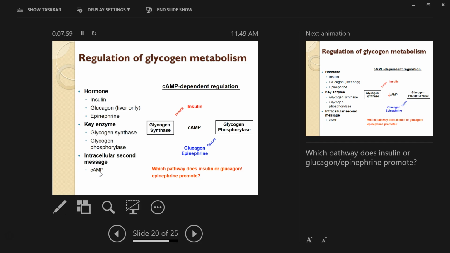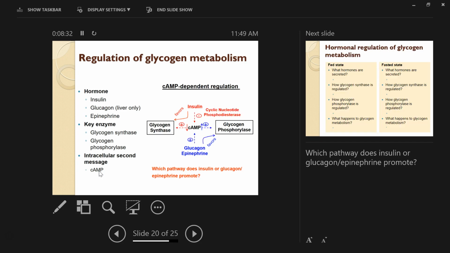Cyclic AMP increase inhibits glycogen synthesis, but promotes glycogen breakdown, right? So just try to connect cyclic AMP to the fasting condition and to the epinephrine level. And insulin basically reduces the cyclic AMP level, right? So we can reduce the glycogen breakdown pathway and stimulate the glycogen synthesis pathway.